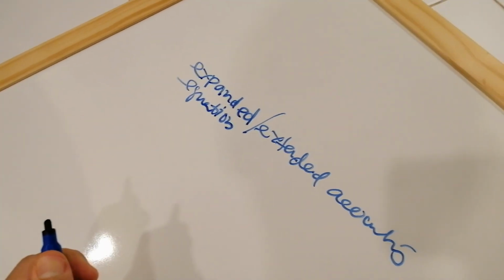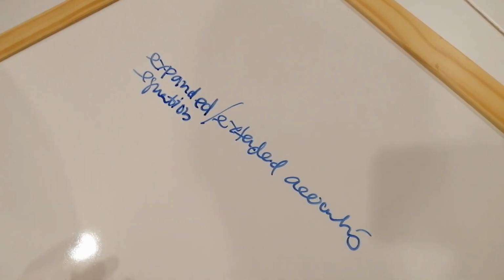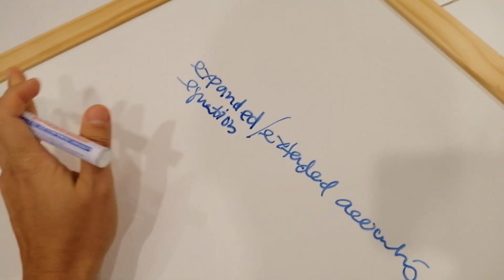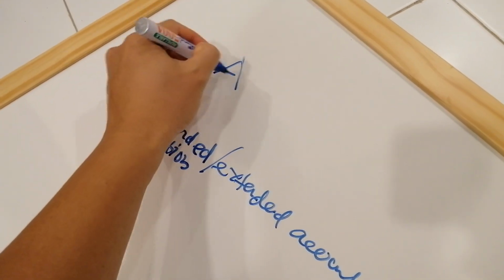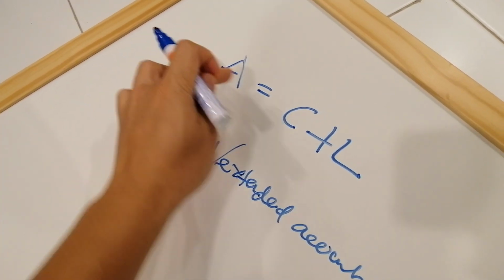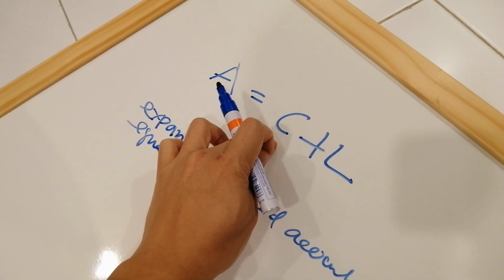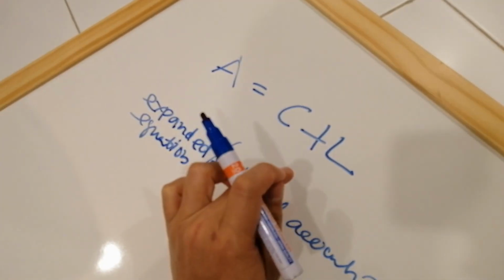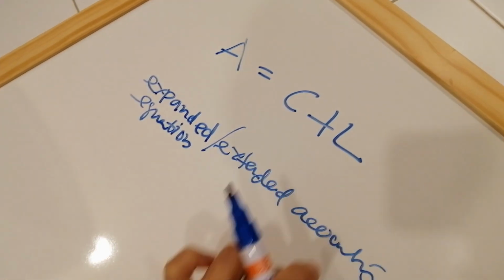Okay. So under a standard accounting equation, just now for basic we have A equal to C plus L. A is asset, C is capital from owner's equity, and L is liabilities.